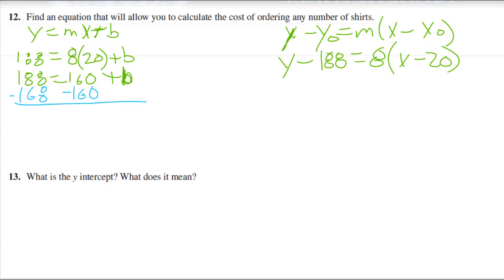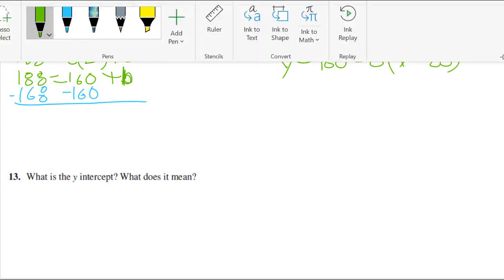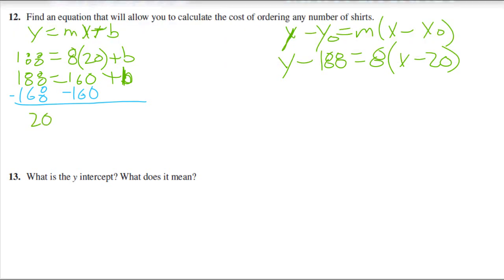When I do that, I get 20. And that's not equal to 160 plus b, but if I take that 160 away, that's equal to b. 20 is equal to b. I'm sorry.